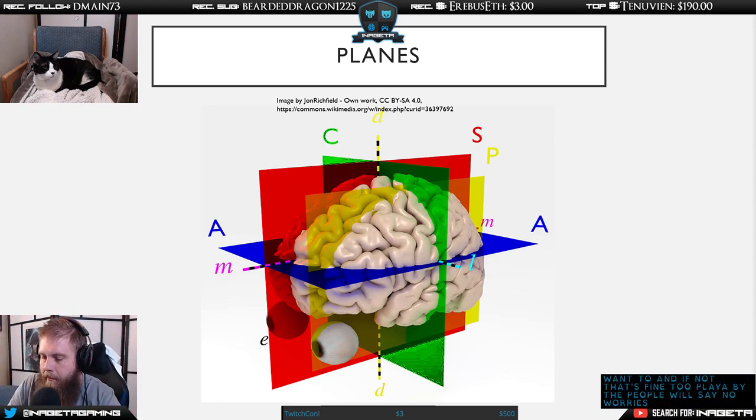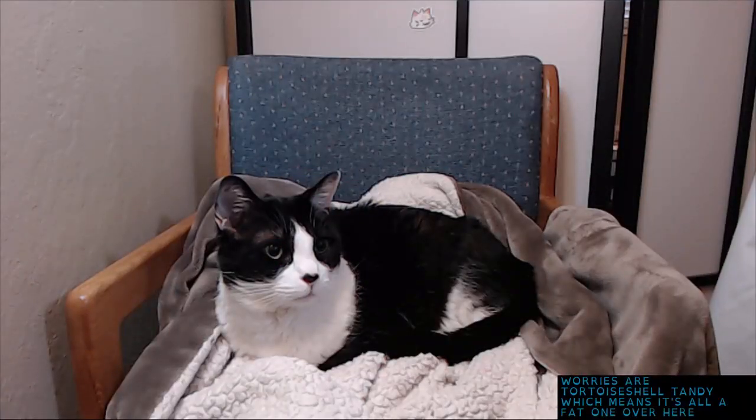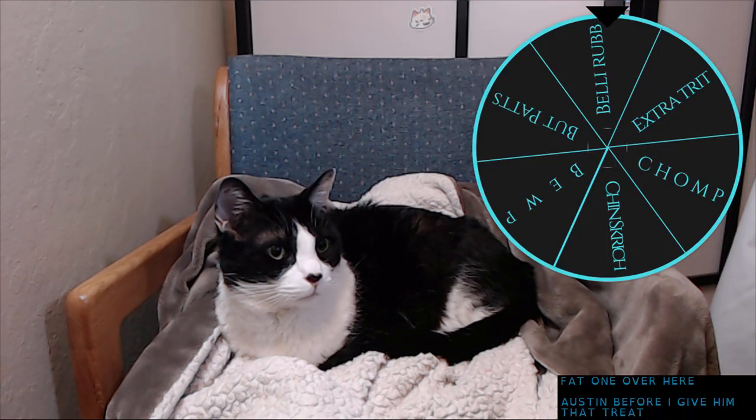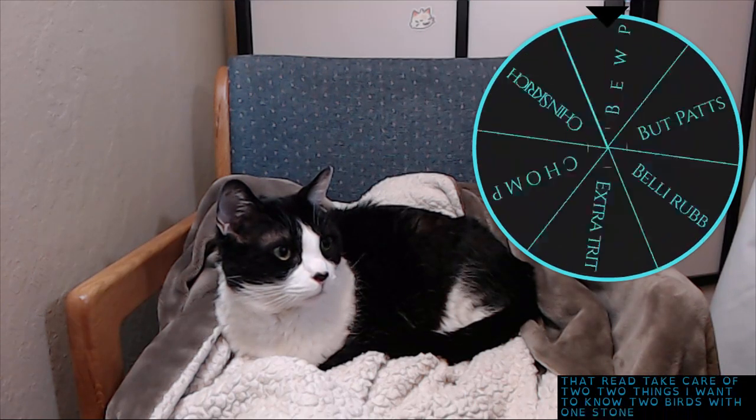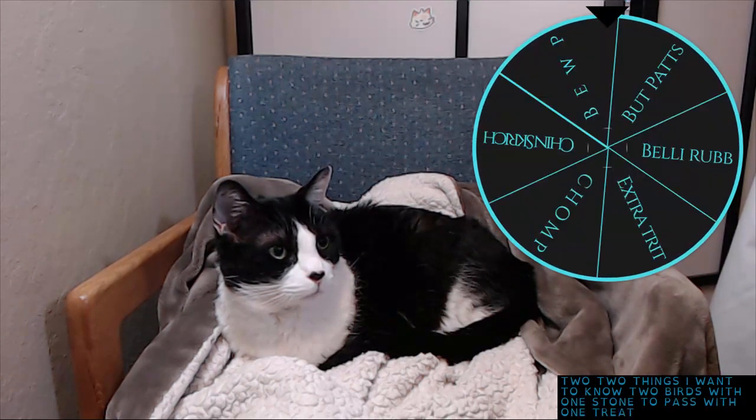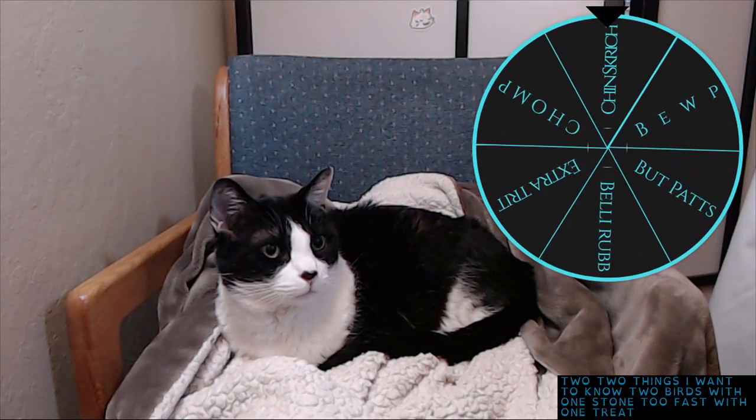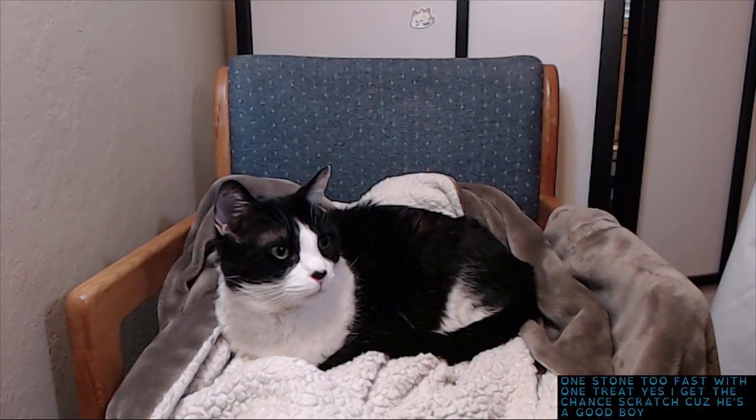So no worries. I do see you guys took out Tortoiseshell Tansy, which means this little fat one over here gets treat, and y'all get some kitty cam. We'll also do that wheel spin before I give him that treat. Just take care of two things at once, you know? Two birds with one stone. Two fats with one treat. He also gets a chin scritch because he's a good boy, and because Bearded Dragon donated 100 biddies, which I appreciate.